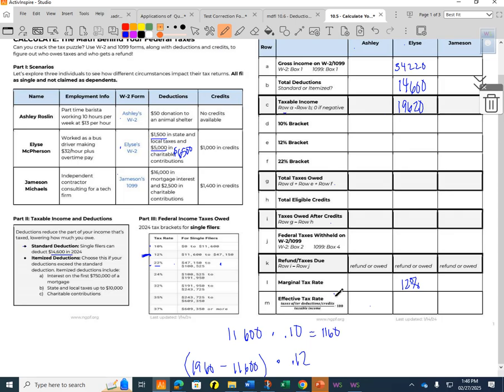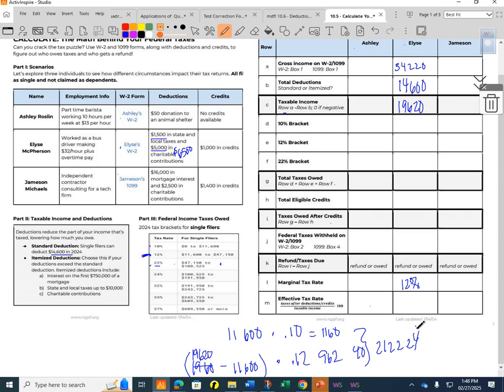And then 19,620 minus 11,600 because we've already figured 10% tax on that. That difference is 8,020 times 12% is $962.40, and we're going to add those together. And so her total tax bill should be $2,122.24.